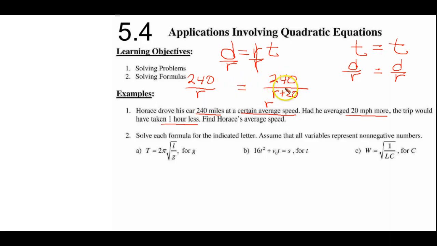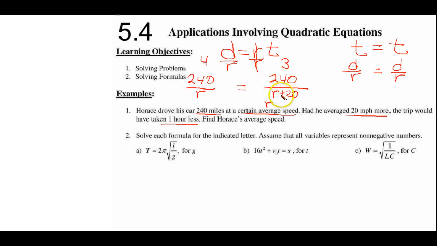because this is faster. Let's say if this were 4 hours and this were 1 hour less, this time would be 3 hours here. So what do we need to do to this representation of time, which is 4 hours, and this representation of time, which is actually 3 hours, to make these equal to each other?